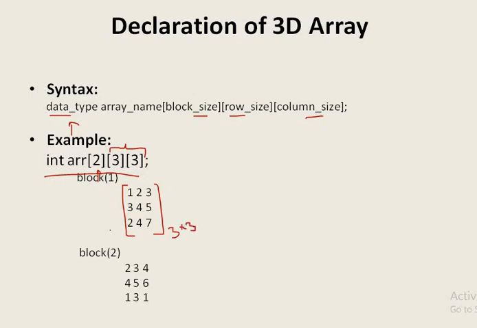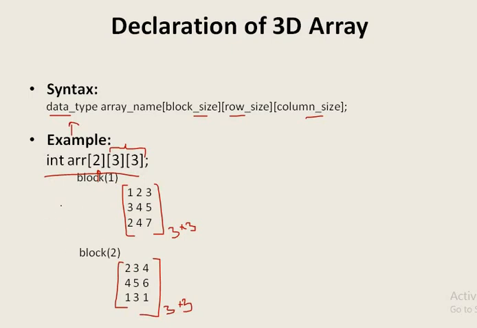Each row will have 3 elements in it, and there are 3 different columns in it. So this can be considered as a two-dimensional array. Similarly, the second block will have a 3 by 3 matrix. This is also a two-dimensional array. So this is what a three-dimensional array means.